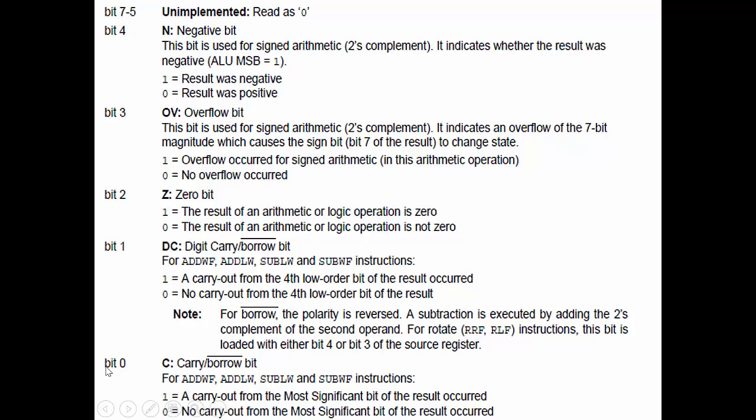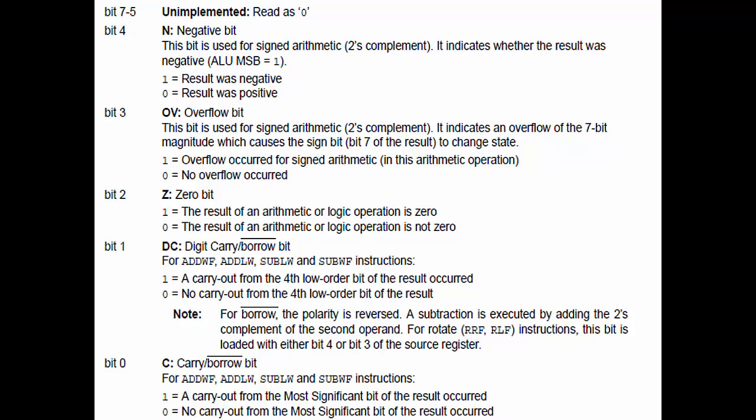Next, the first bit, that is bit 0, is the carry or borrow bit. Generally it is used in ADDWF, ADDLW and SUBLW, that is add a value with the working register, add a literal value with the working register, and subtract a literal value from the working register. If it is 1, a carry out of the most significant bit of the result occurred. The difference between bit 1 and bit 0 is that this indicates whether the seventh bit, the most significant bit, generates a carry.